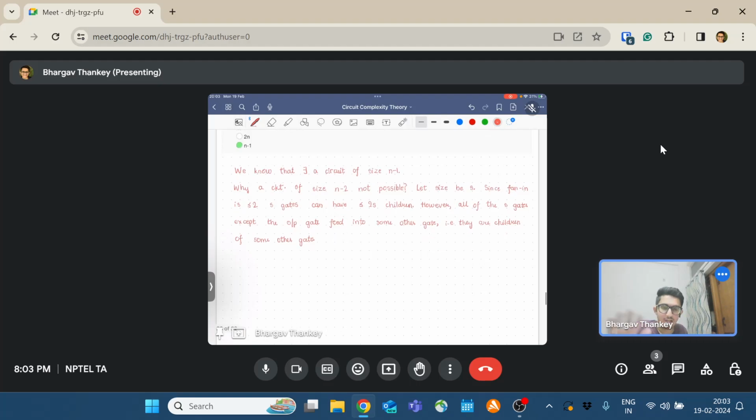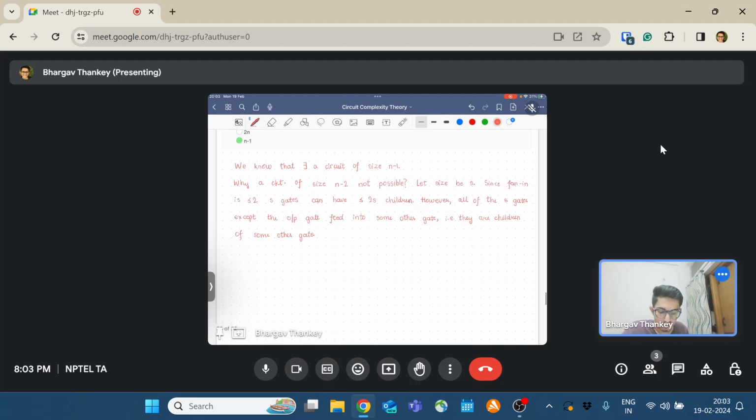Except the output gate, every gate must be a child of some other gate. Otherwise, you can just ignore it in the circuit. It computes an output, but its output is not being used anywhere, right? It can be a child of multiple gates, but it has to be a child of at least one gate.